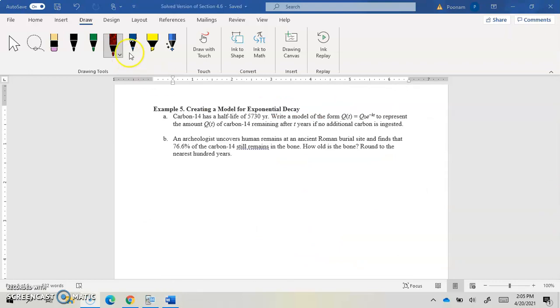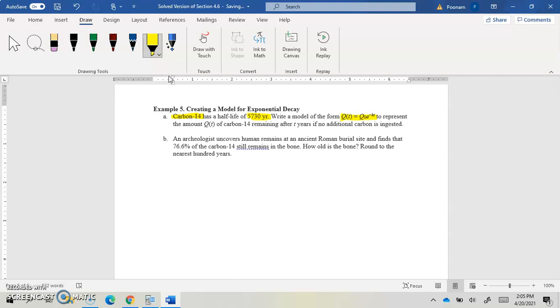Let's look at example number 5. Carbon 14 is an element that has a half-life of 5,730 years, meaning if you have a given amount of carbon, in 5,730 years it will become half of that. It keeps on decomposing itself. Write a model of the form Q(t), where Q(t) is equal to Q naught times e raised to the power negative kt.